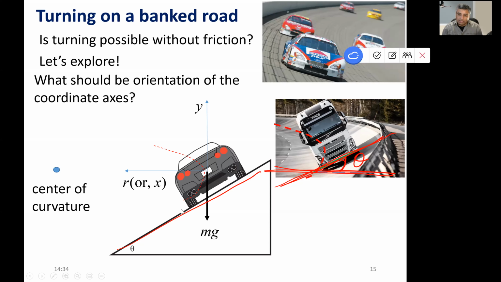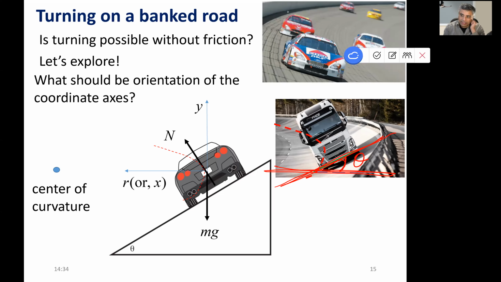So the weight is always vertically down, and the normal is always normal to the plane. Are there any other forces acting on the car? I don't see any once we neglect the friction.